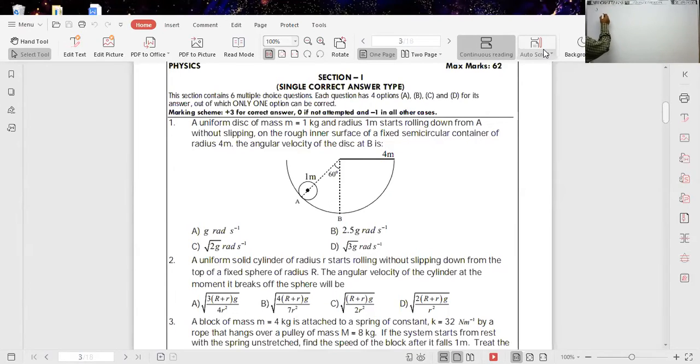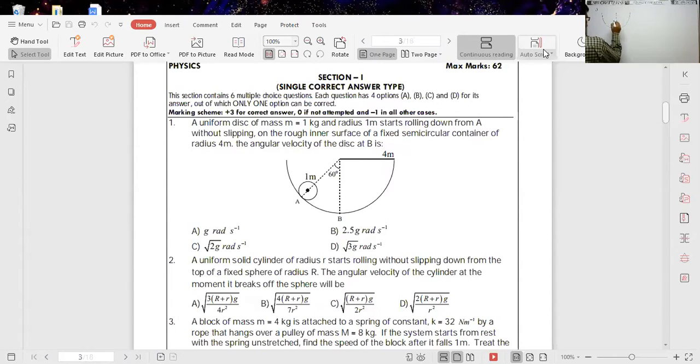Here you see, there is a semicircular container, whose center is this one.